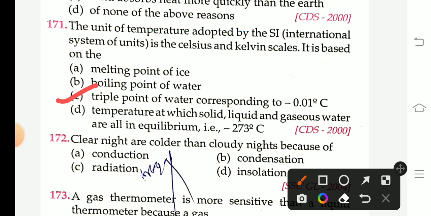Next, clear nights are colder than cloudy nights because of, right answer will be option C, radiation.